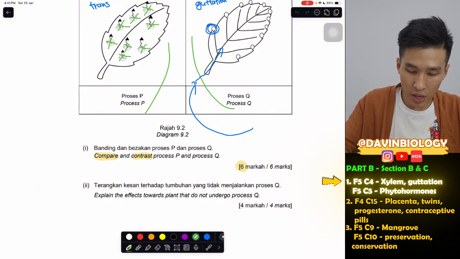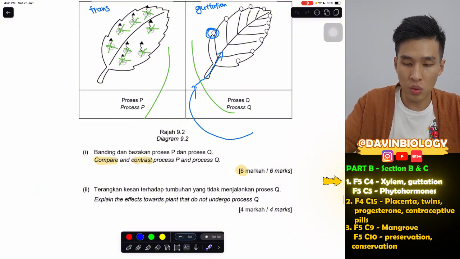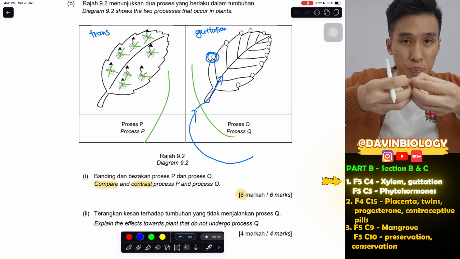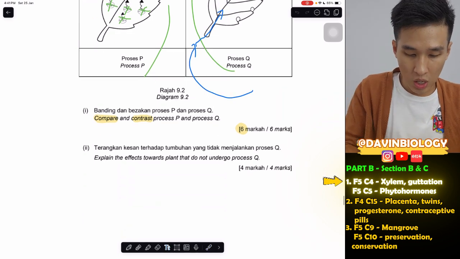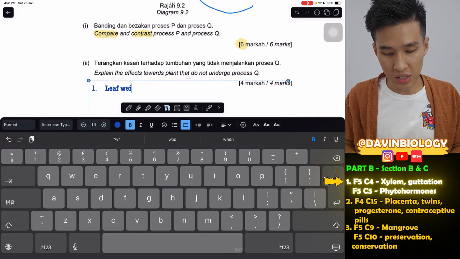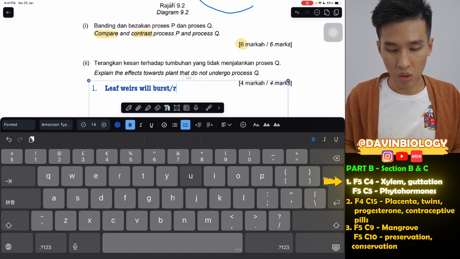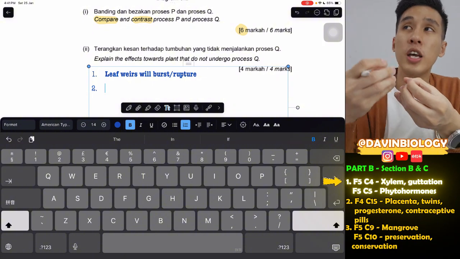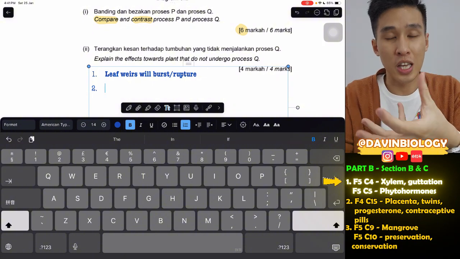If plants do not undergo guttation, water will accumulate in the leaf. If there's too much water, the leaf will rupture or burst. So what you can say is the leaf veins will burst, or you can say rupture. If the leaf veins burst, germs and microorganisms can infect it.